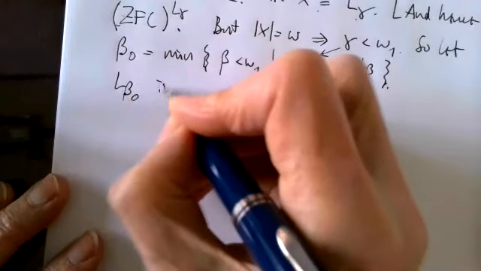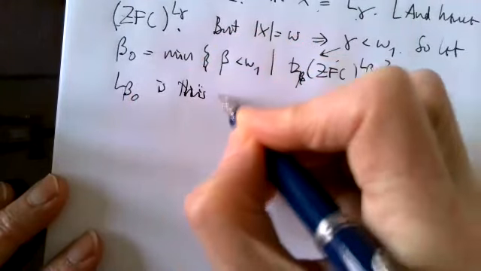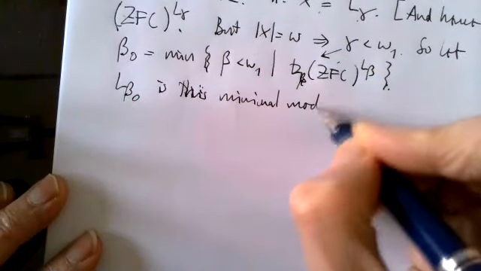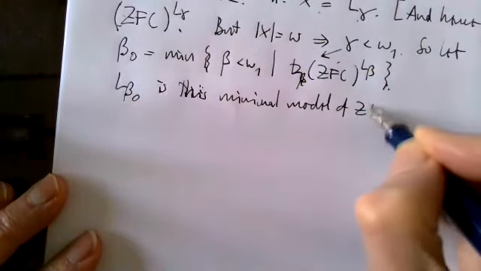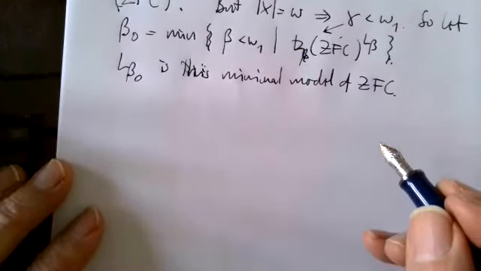L beta 0 is this minimal model of ZFC. And you might say, oh, well, why is it minimal?